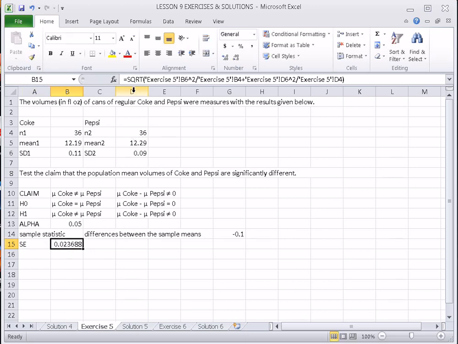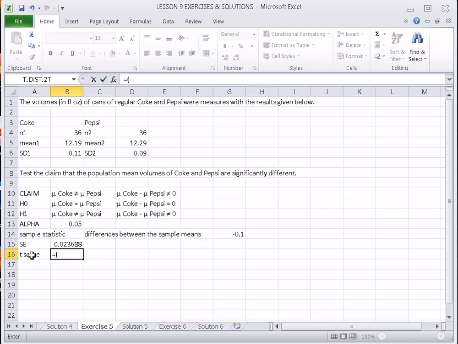So, the square root of the first standard deviation squared divided by the sample size plus the second standard deviation squared divided by the second sample size. And now we're going to find the t-score. The t-score is the sample statistic minus the assumed parameter, which when you're comparing two means, whether dependent or independent, is always 0.